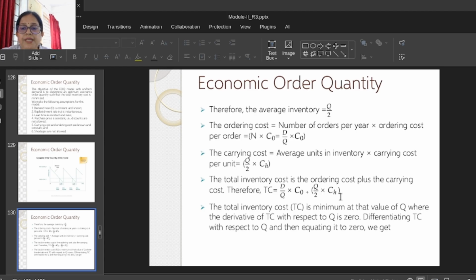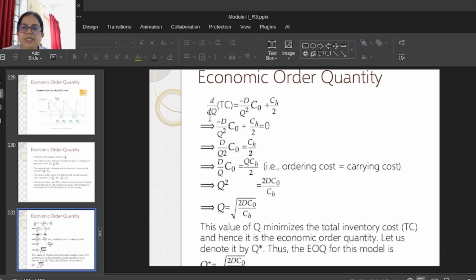So we need to find the minimum point of the total cost. To get the minimum point, what do we need to do? We need to differentiate this total cost with respect to Q, because when we differentiate, we get the minimum point.